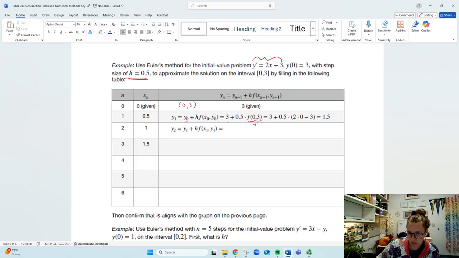So if I plug 0, 3 into this equation, I end up getting that y prime is equal to just -3. So like 2 times 0 minus 3. So that is my slope at that point. I'm multiplying that by 0.5, adding it to 3, and this will be my next point value at the point that I'm given.